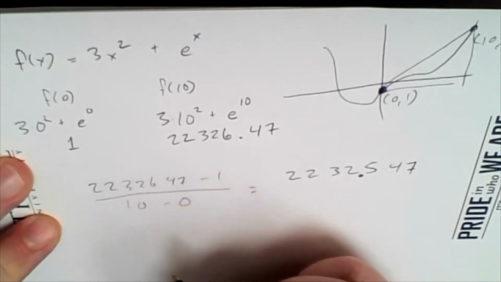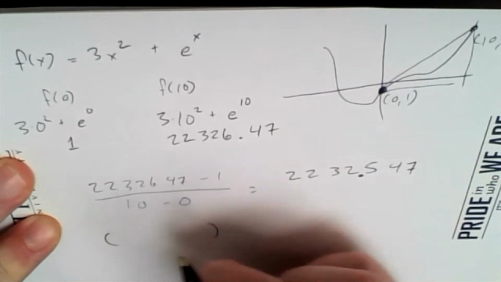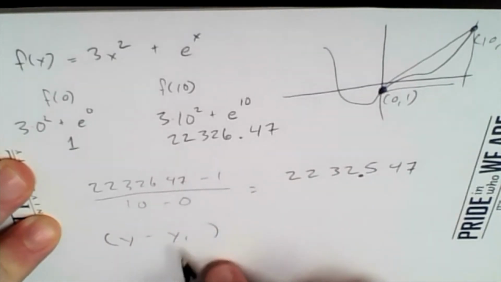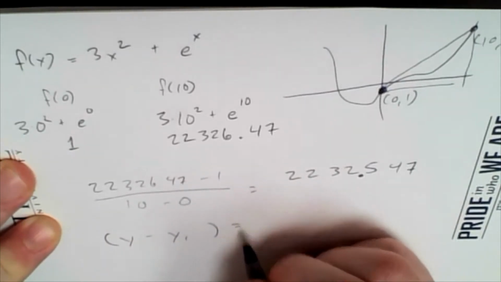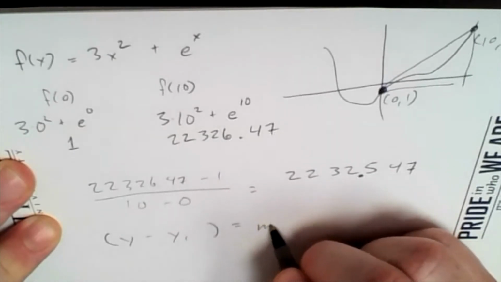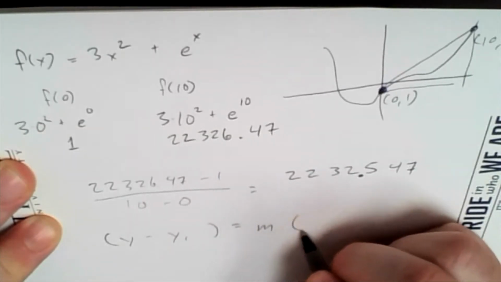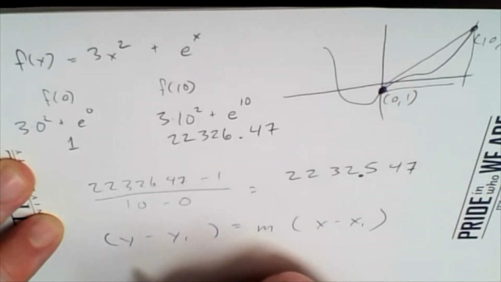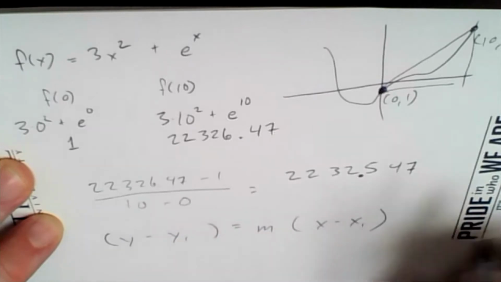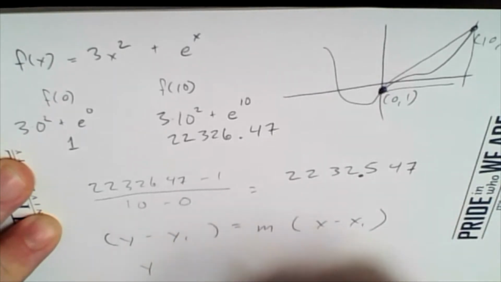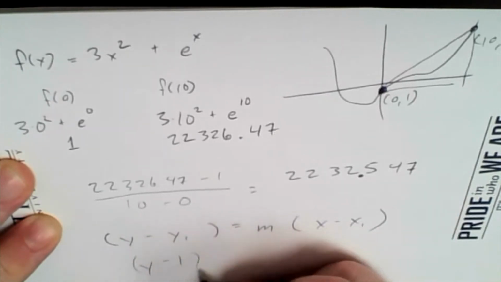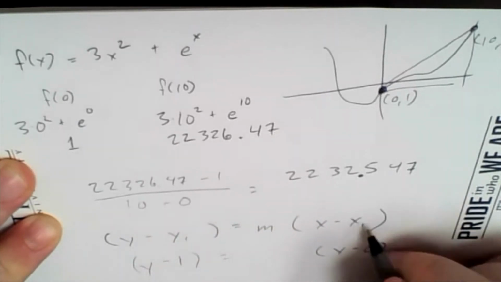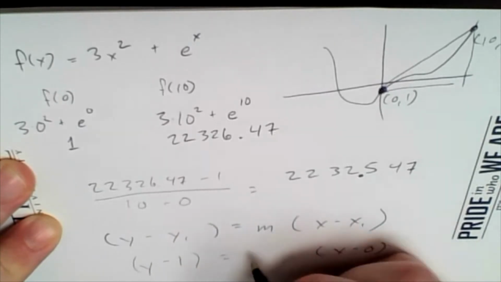Point slope formula says I need to take y minus y1. So this is a fixed coordinate. This should be equal to m, which is my slope, times x minus x1. So I'm going to make this very simple on myself, and I'll say that the coordinates I'm going to use for my point slope formula are just 0 and 1. x1 equals 0, y1 equals 1.